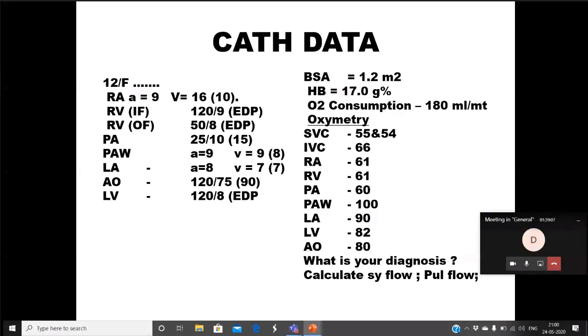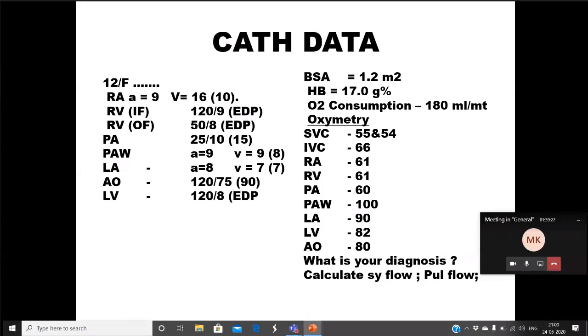Sir, yes. It will be oxygen consumption divided by systemic arterial oxygen content minus mixed venous oxygen content. Okay, you tell me that. The formula is 180.